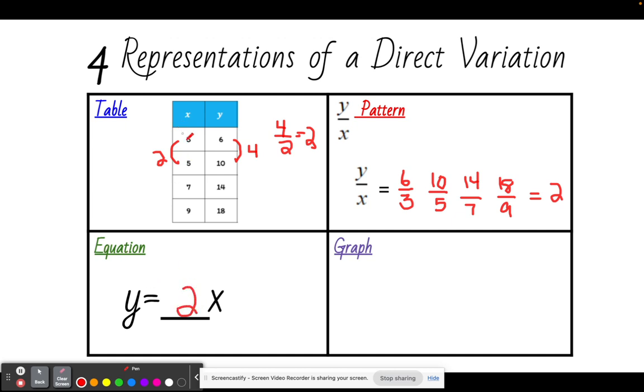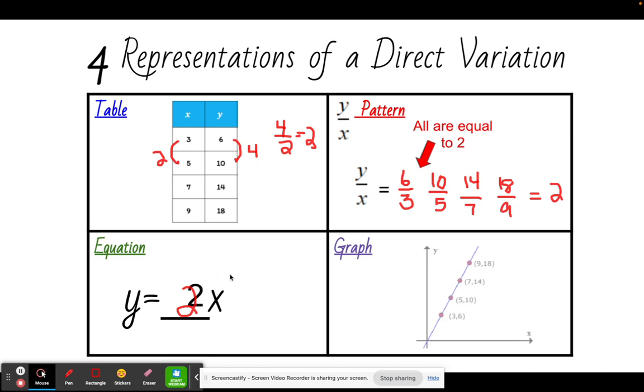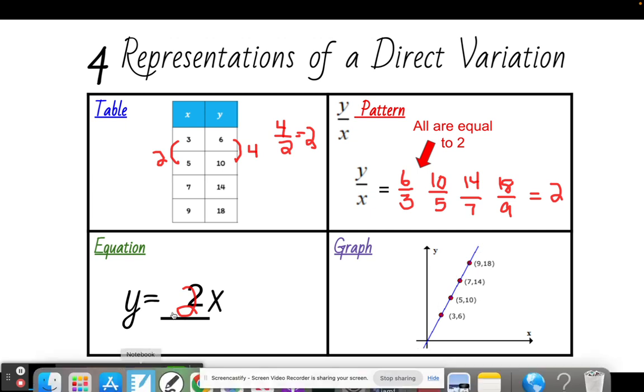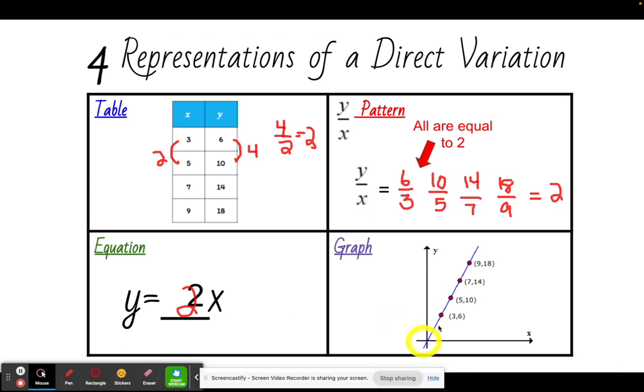You can see that looking across the table: 3 times 2 is 6, 5 times 2 is 10, 7 times 2 is 14, 9 times 2 is 18. So my graph in this case would look like this. And again, it goes through 0, 0. That's how we know we have a direct variation. It goes through 0, 0.